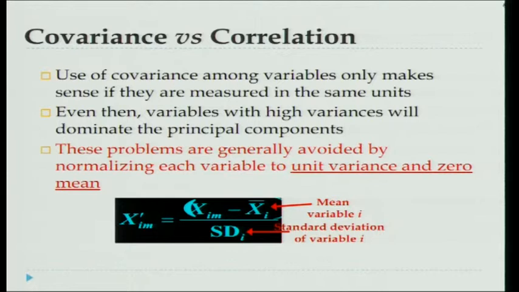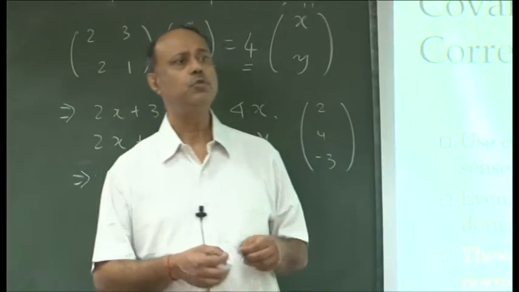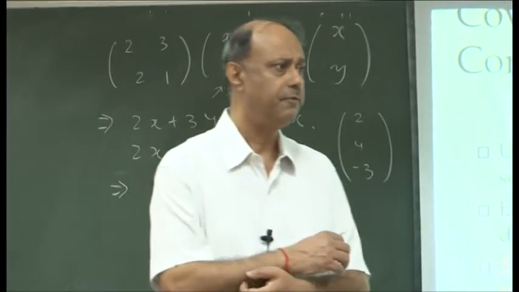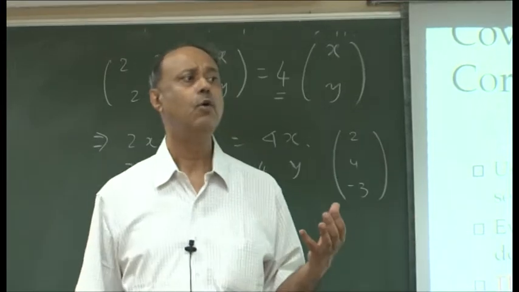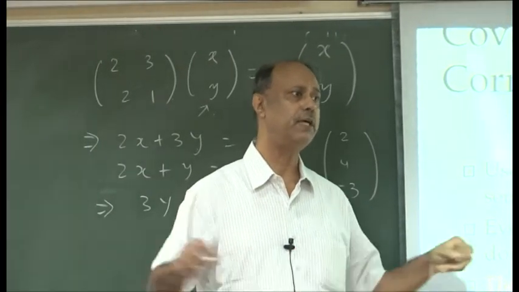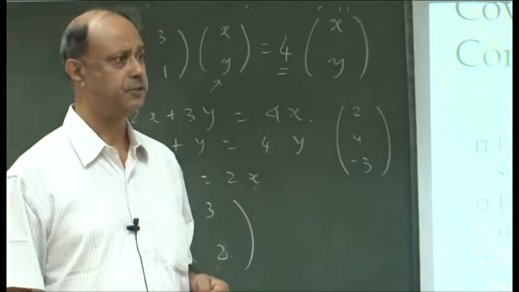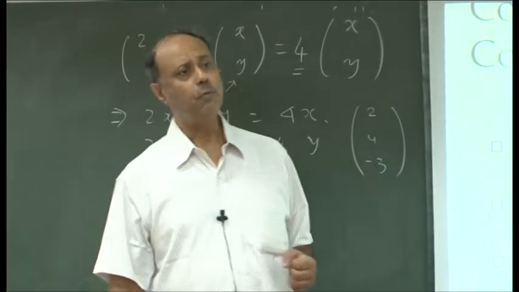Another thing is that you must ensure there is not too much dispersion, because high variance will have a positive impact towards the higher principal component. So the best way is that you normalize it.